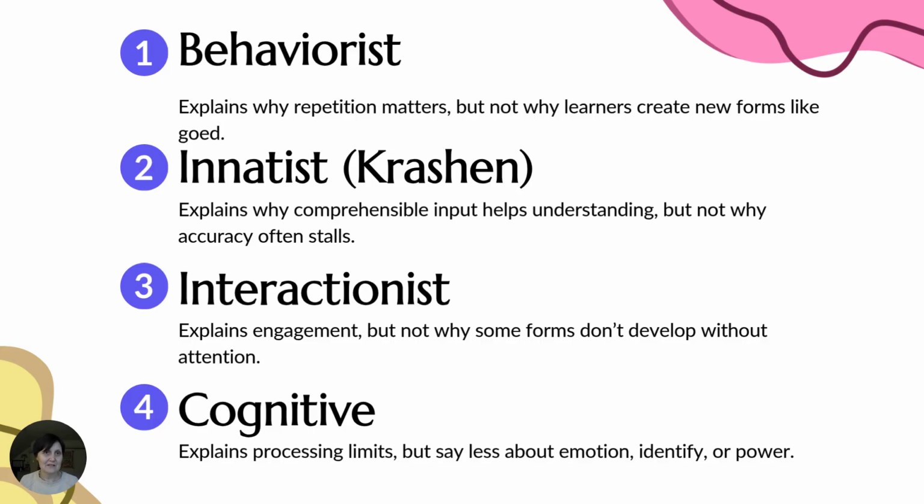So the behaviorist theory, yes, it is the same behaviorist theory we covered in first module. So it explains why repetition matters. However, it doesn't explain why learners create new forms. Remember, it's habit formation.